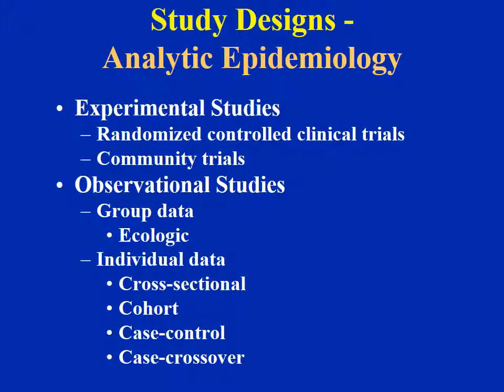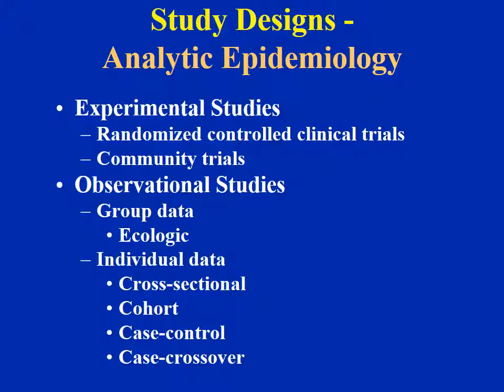Of course, the most well-respected study design for analytic epidemiology is the randomized controlled trial or the community randomization trial. But most of the time, especially in environmental health, we can't impose exposures on people. So most of the time we use observational studies.